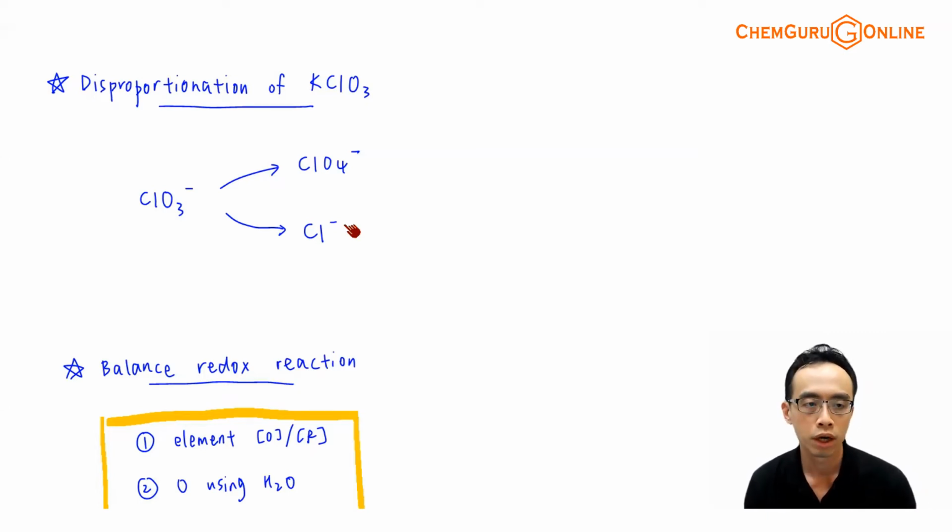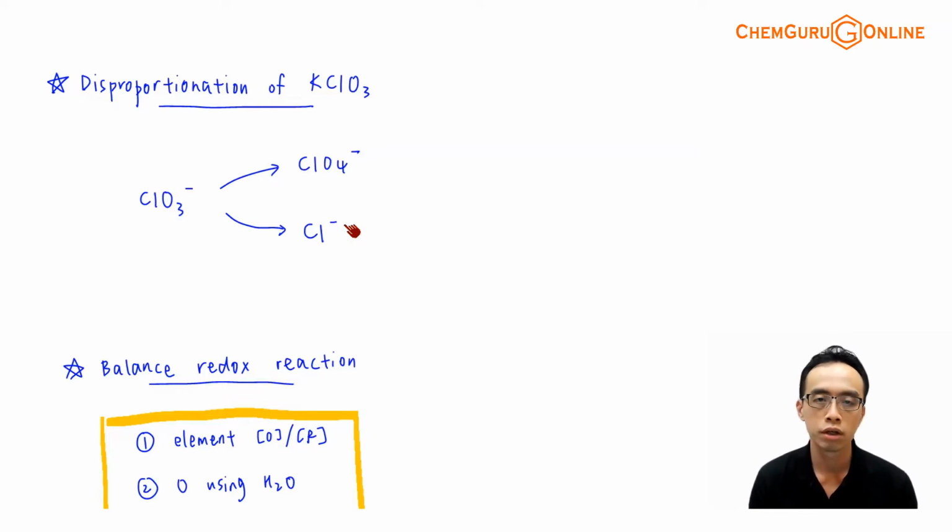Now the first thing we have to understand: what do we mean by disproportionation? Disproportionation is basically a redox reaction. Under normal circumstances, in a normal redox reaction, I will have two different compounds. Compound A undergoes oxidation, compound B undergoes reduction, and this overall reaction between the oxidation of A and reduction of B is a redox reaction.